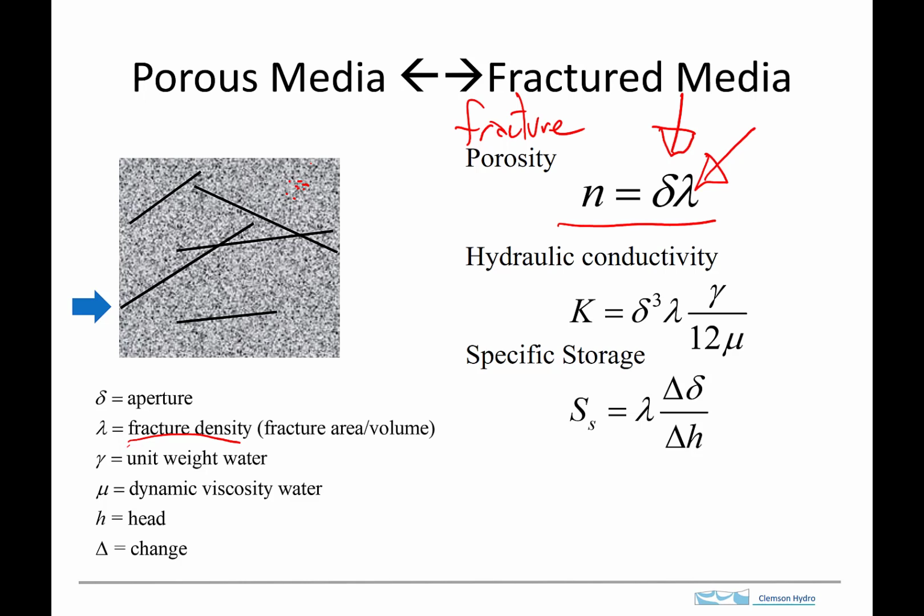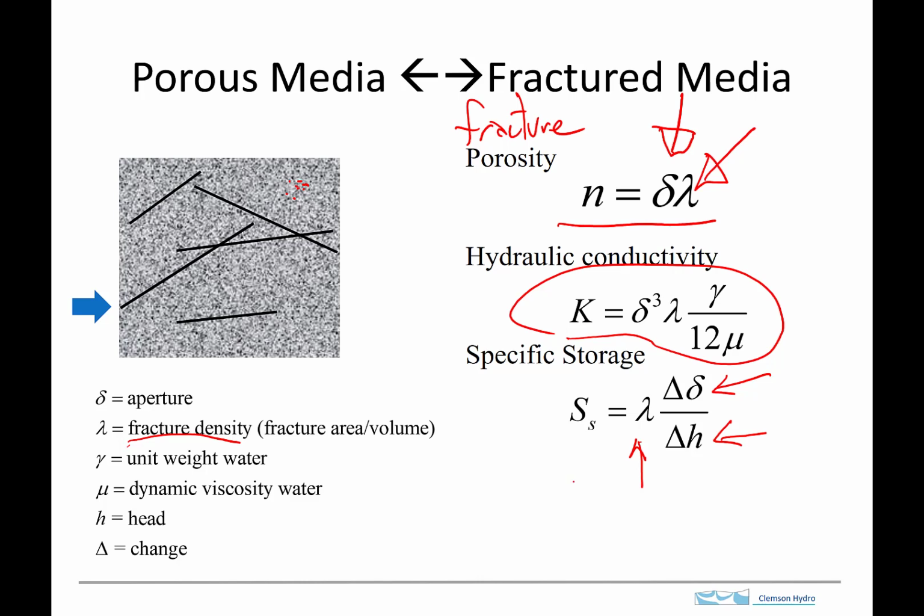The hydraulic conductivity, we just saw, would be summarized here, and we can have a specific storage that is the fracture density times the change in the aperture per change in pressure head. And that's something that could be measured with a borehole extensometer, for example.